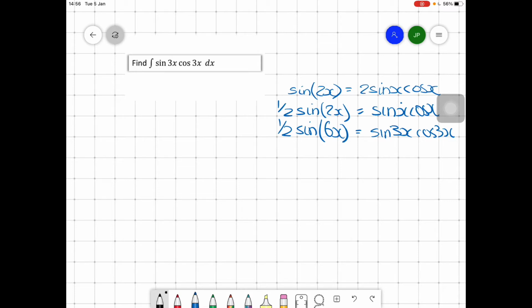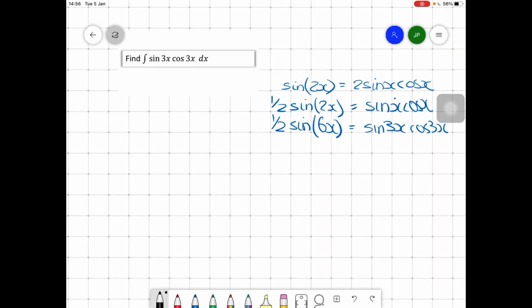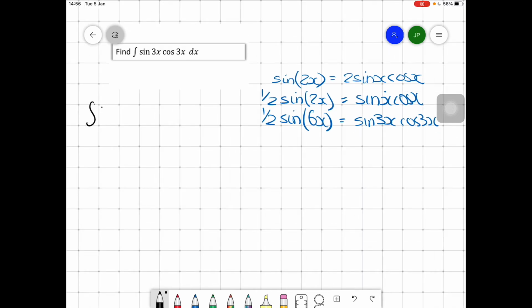That means I can come back to my original function. I'm going to rewrite my original integral as the integral of a half sine 6x instead, again with respect to x, and then I can go about integrating it.